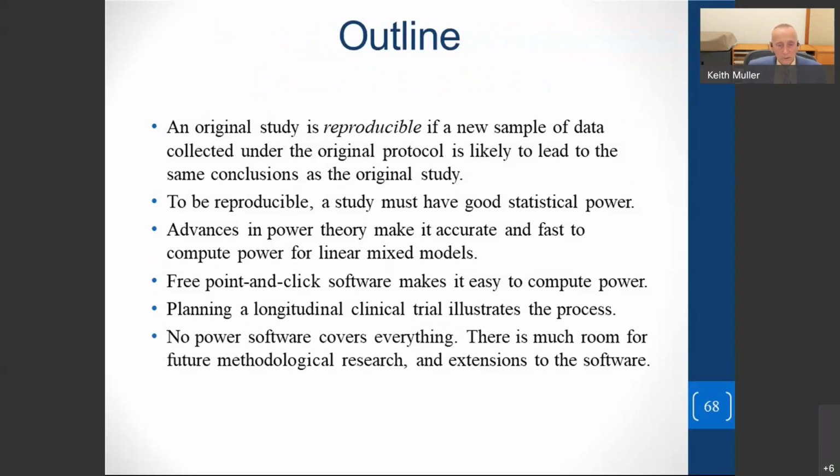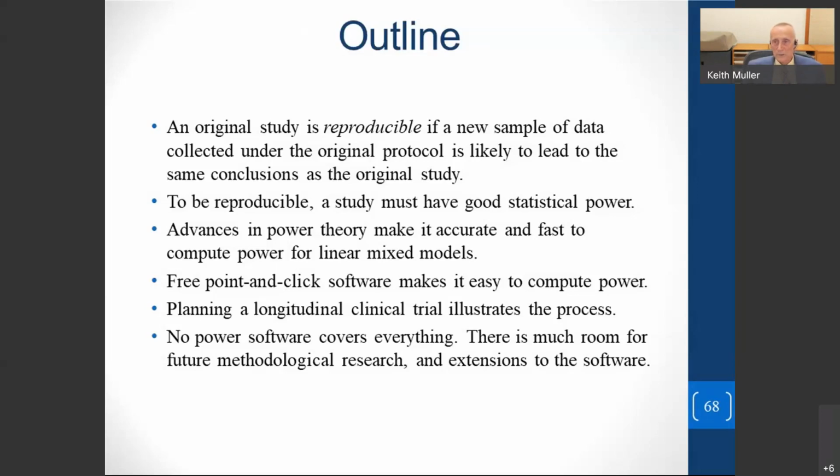In reviewing what I've talked about today, I want to say that an original study is reproducible using the NIH interpretation of the word if a new sample of data is collected using the original protocol, and the new data is likely to lead to the same conclusions as we saw in the original study. We need good statistical power for that. We have theory to do it, and the software I've talked about today makes it easy.